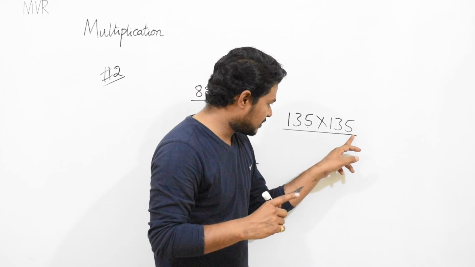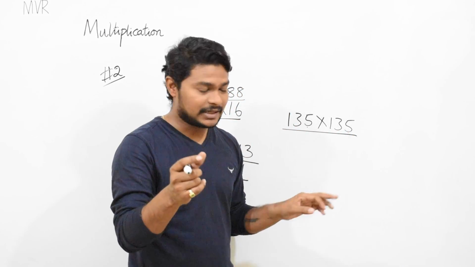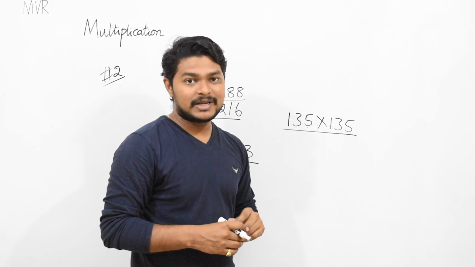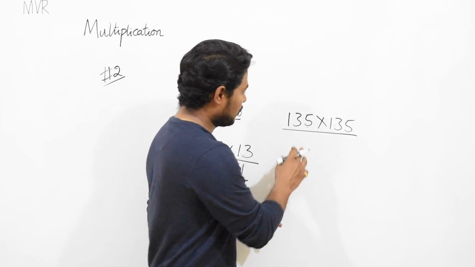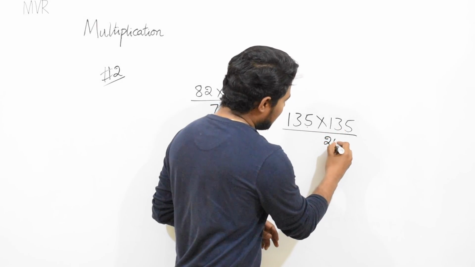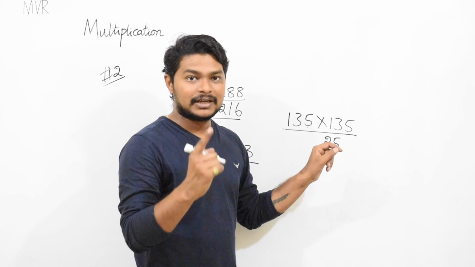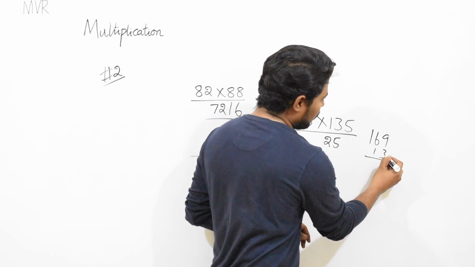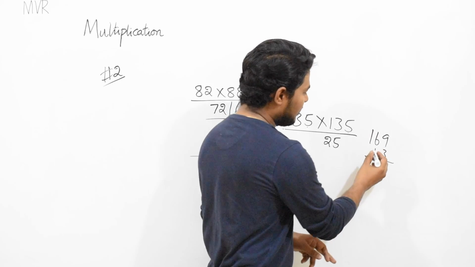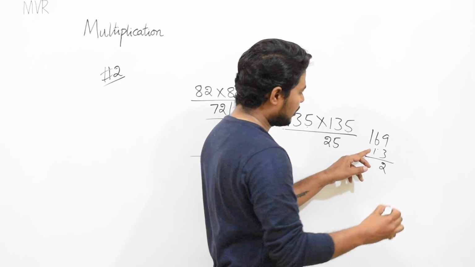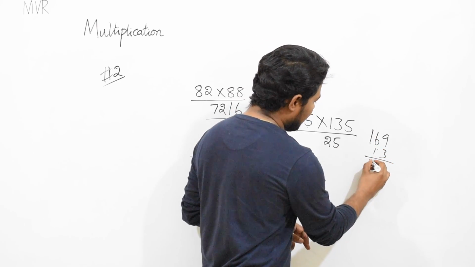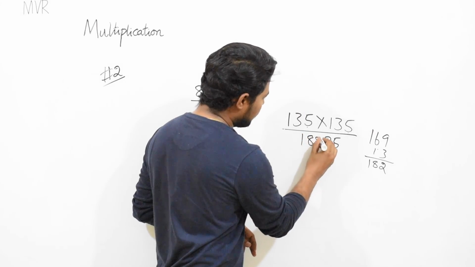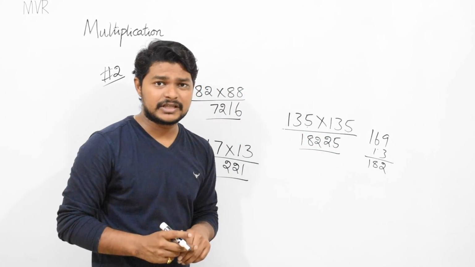Plus here if you see units value sum up to 10 and tens place and hundreds place are same. So 5 into 5 will be 25 and 13 into 14. 13 square is 169. You need to add 13. So here 3 plus 9 will be 12. So here 2 plus 6 will be 8 and 1. So 182. If you want, you can see.